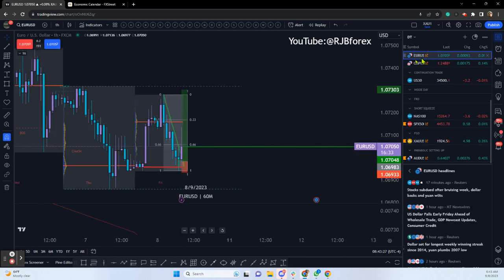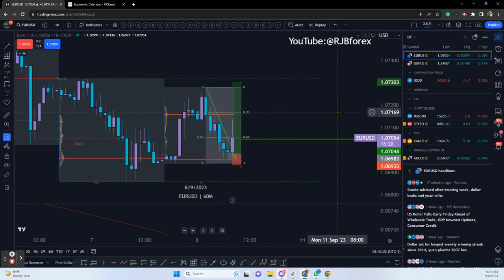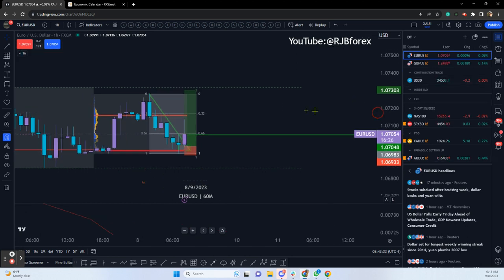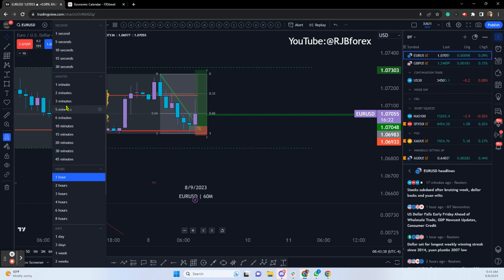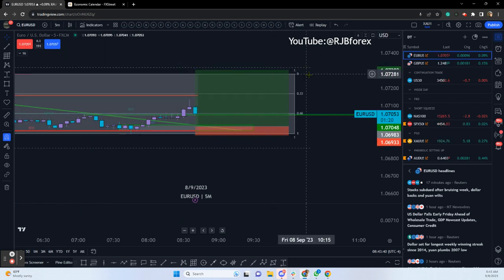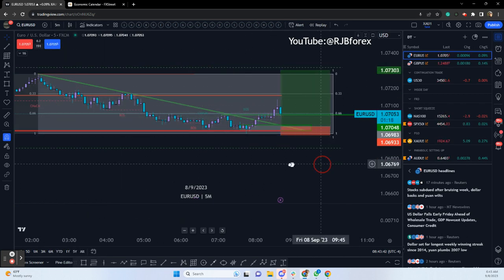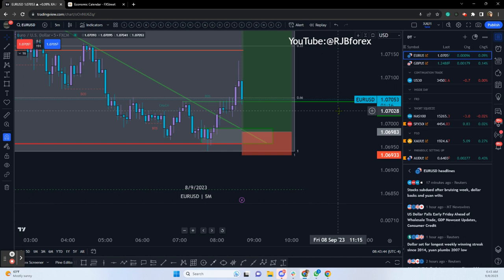Euro has broken structure and is on the way back down. Okay, yeah. Right then, well, I mean, this could act as support here. So, dollar averaging.